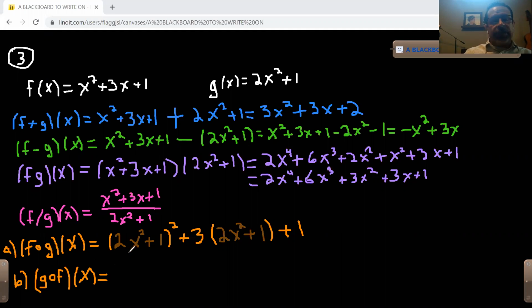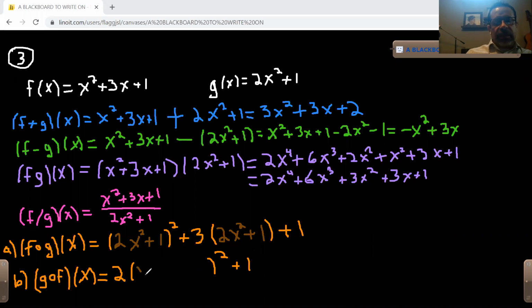Now I'm going to take g, and g says 2, and wherever there's an x, I'm going to put a parenthesis. And I'm going to substitute the function where the x should be. So in this case, I'm substituting f within g.